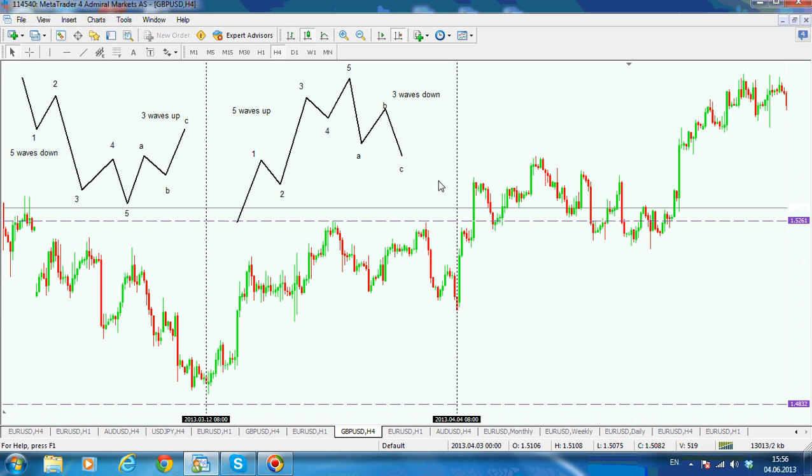So from the textbook, you will see a nice pattern, a nice shape like it is here, 1, 2, 3, 4, 5, and ABC. Well, in reality, the market is not really developing that beautiful structure, at least not the currency markets that I'm looking at. So you have to be a little bit more creative, use your imagination, but nevertheless try all the time to respect the rules. If the rules are not respected, then that move is not the move you are interested in seeing.